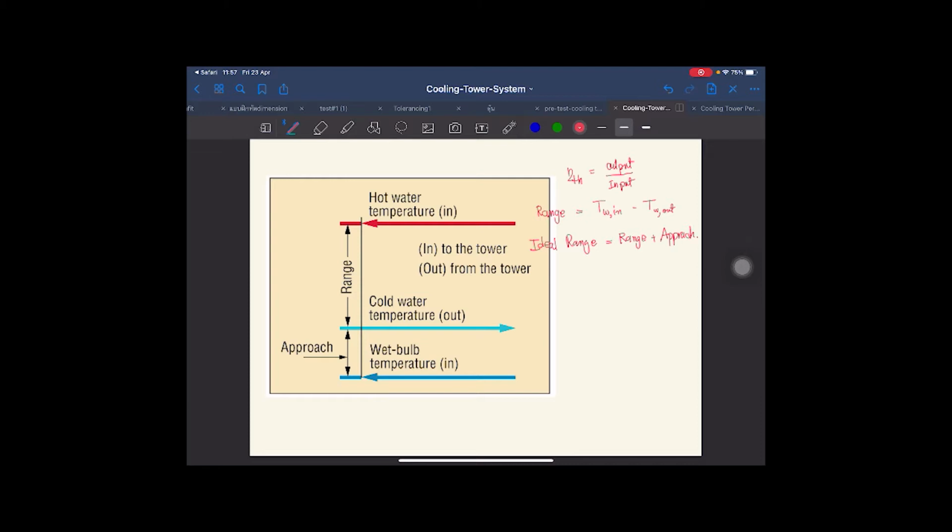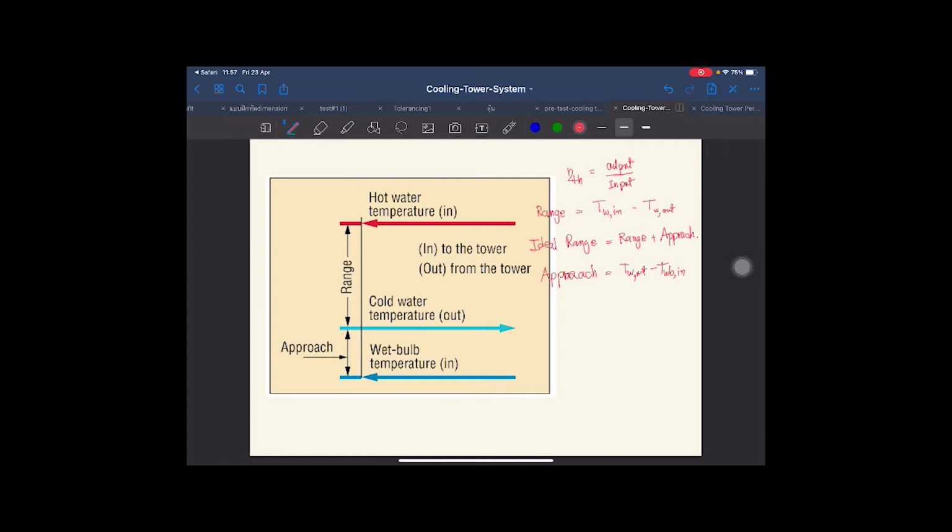The range is the temperature difference between the water inlet and the water outlet. And the approach temperature is equal to the difference between the cold water outlet temperature minus the wet bulb temperature inlet of the air.